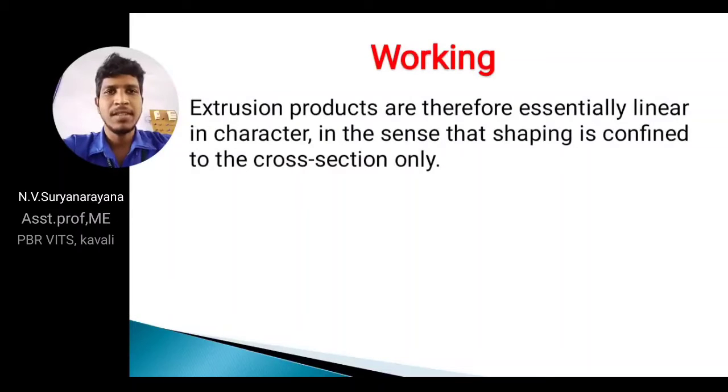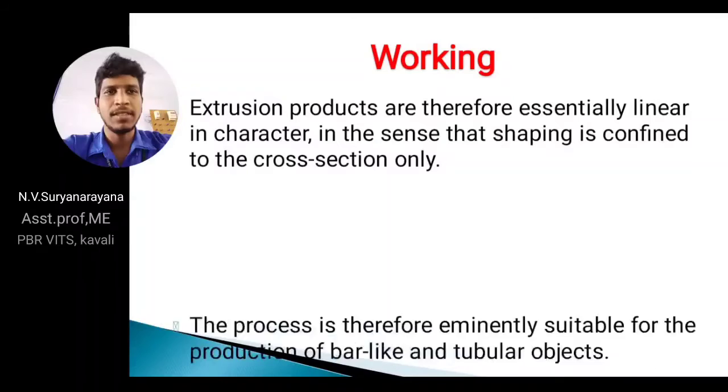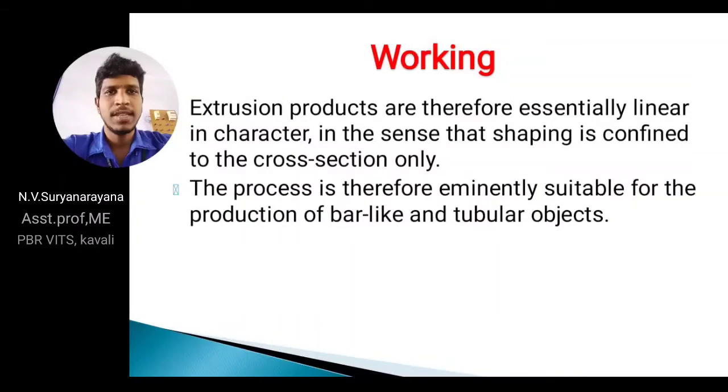We are shaping the cross section only. According to our requirement, the die will make the desired shapes. The process is therefore eminently suitable for the production of bar-like and tubular objects.